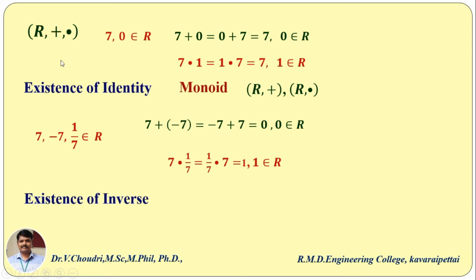If a set satisfies closure, associative, existence of identity and existence of inverse, then it is called a group. Here R is a group under plus and R is a group under dot.